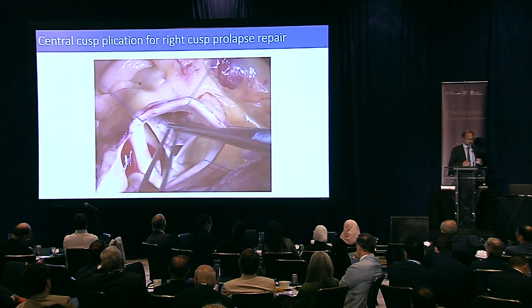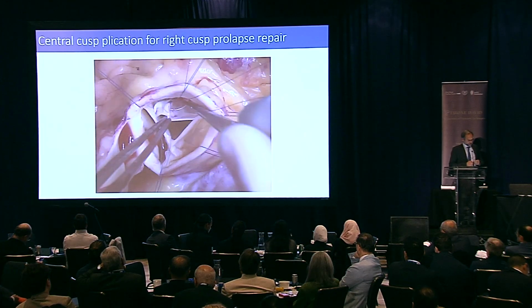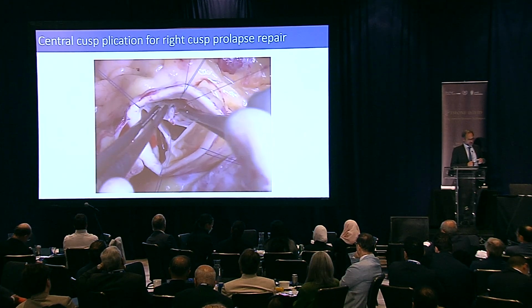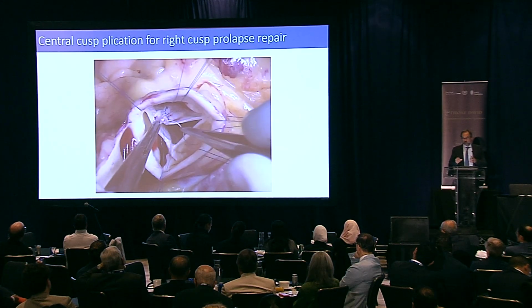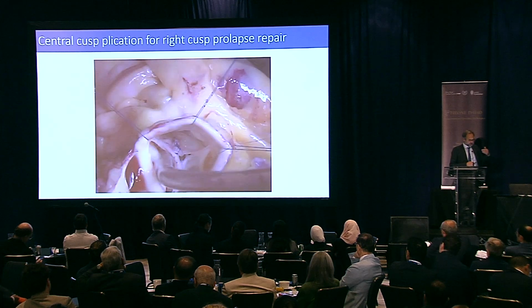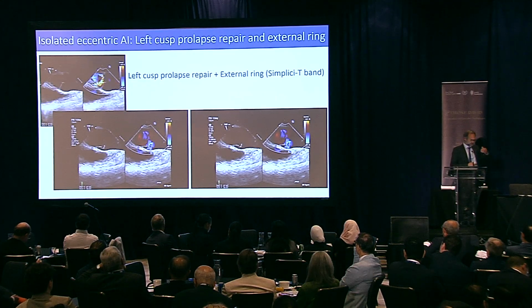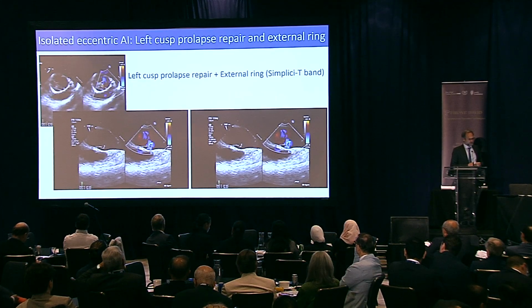You compare the free margin length with the other reference cusp, and when the zone of exclusion is delimited, you do this small running suture, blocked, from the transversal fold to the free margin.